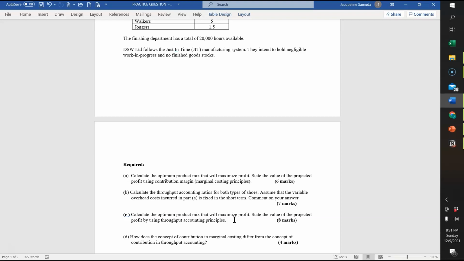This next slide tells you that throughput is a calculated figure, and it requires two pieces of data: what the selling price per unit is on each shoe and the direct material cost required for each shoe.